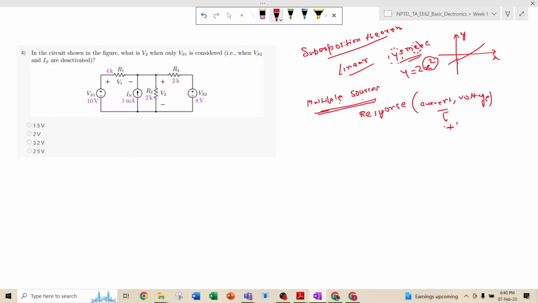While we consider the individual sources, make sure that the other sources are not activated, that is, they are deactivated.